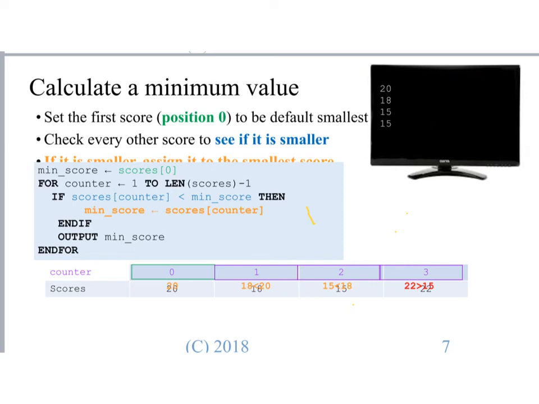And then we move to position 3, we have the number 22, and that is not smaller than 15. So we stop there and 15 stays. So if we go up to our black screen, 20, 18, 15, 15 is our minimum score at the end. That's how it changes.